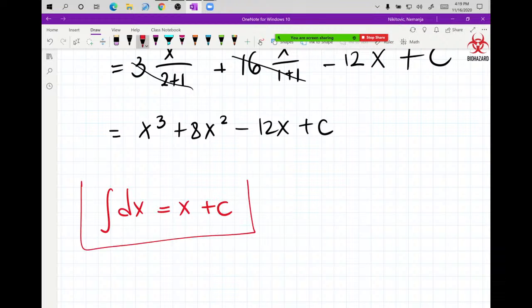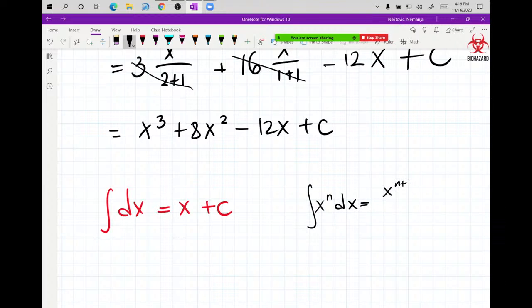Like, why is this? This is not a formula, because this actually belongs to the formula of integral x to the n dx is x to the n plus 1 over n plus 1 plus C. So this is where it belongs.